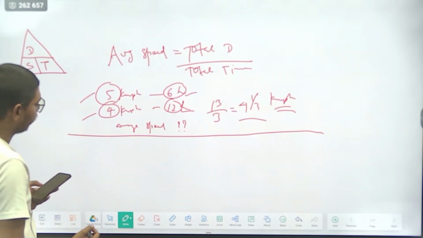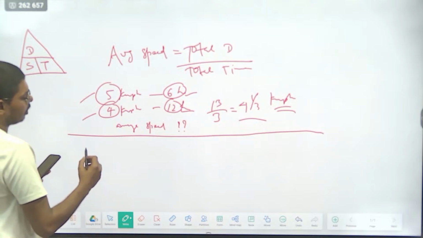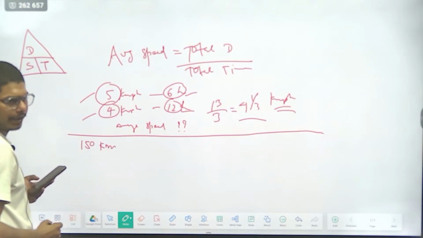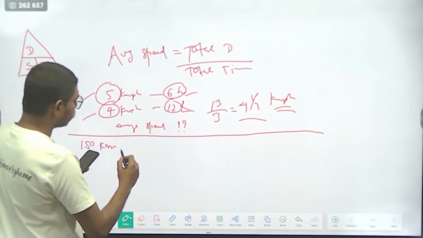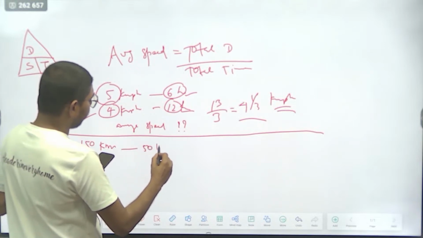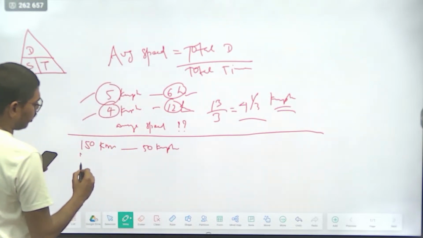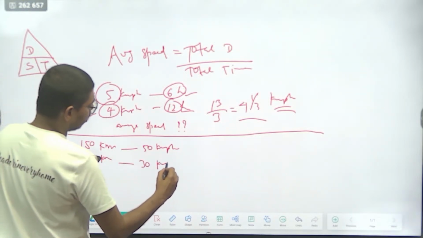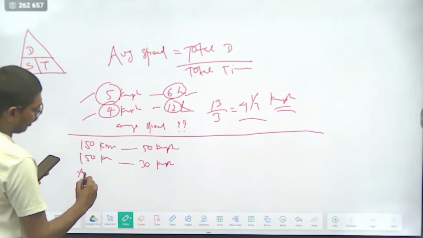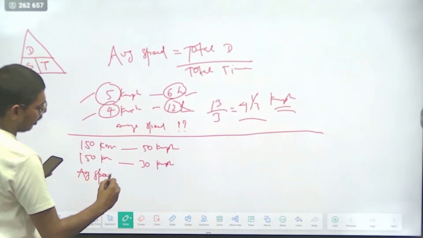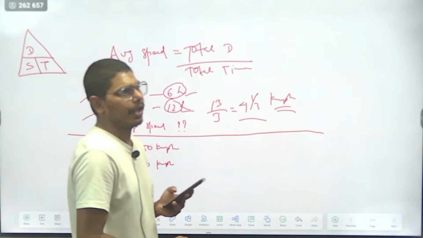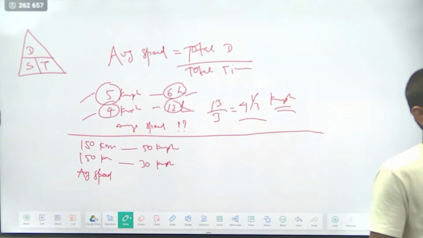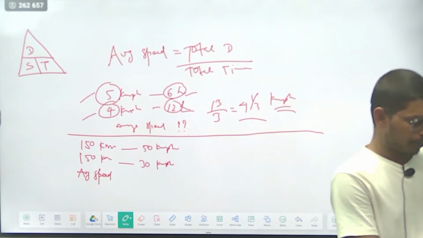Let's say a man runs 150 kilometers at the rate of 50 kmph, and he runs another 150 kilometers at the rate of 30 kmph, then what is his average speed? What is his average speed, guys?